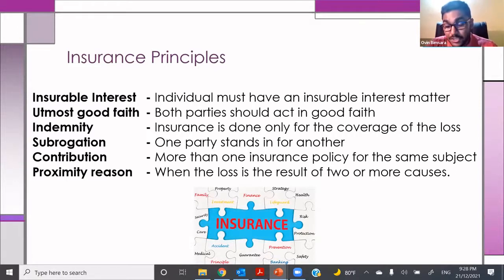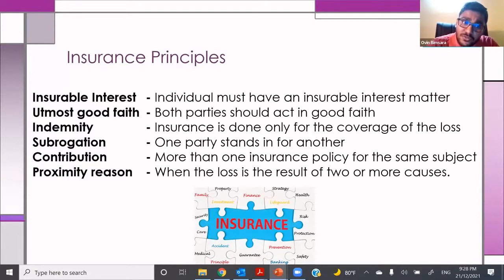Your goods are being shipped from one country to another. When that movement and transportation happens, there can be so many accidents in between. In order to have a claim for that, in order to cover those accidents, we can follow insurance methods.